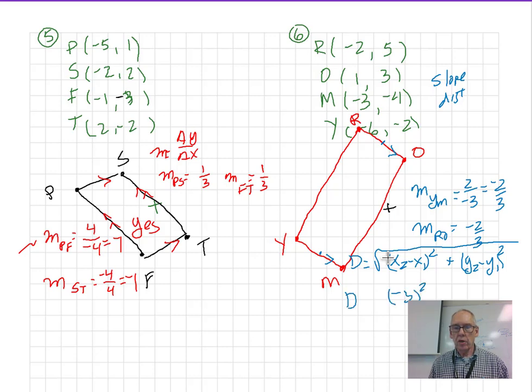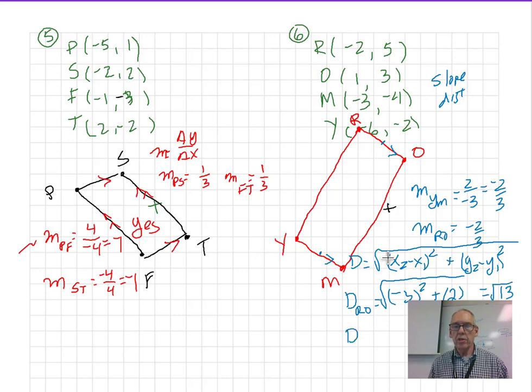This is the distance RO. We take the square root of negative 3 squared plus, and we've got to do the same thing for the y's. 5 take away 3 is 2. So we got 2 squared. So 9 and 4 makes square root of 13.